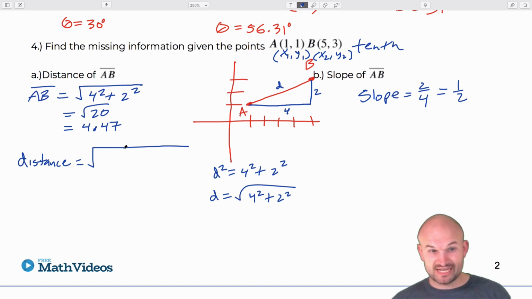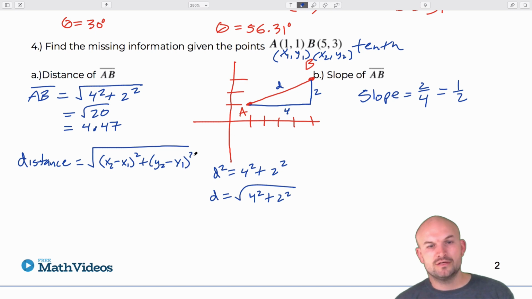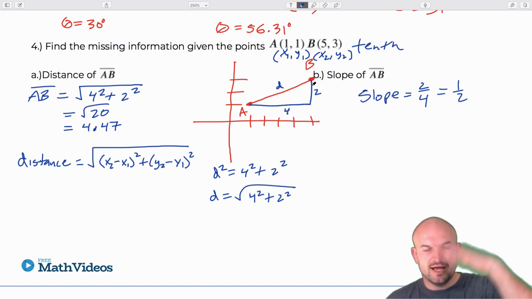But anyways, the formal definition of the distance formula is the change in the horizontal distance, x2 minus x1, quantity squared, plus the change in the vertical distance, y2 minus y1, squared. And that's basically what I did. I said what does this change horizontally, which was 4, and what was the change vertically.